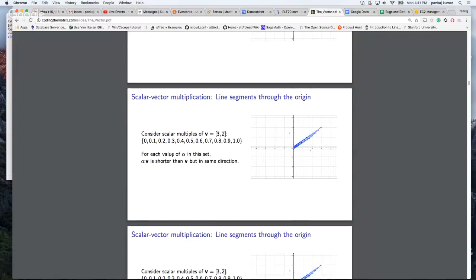For example, if you let alpha be anything from 0 to 1, and you choose origin to be 0, then this will compose all points from 0 to (3, 2) in a straight line.